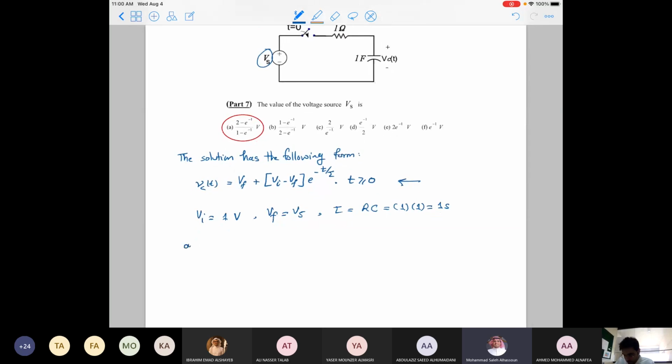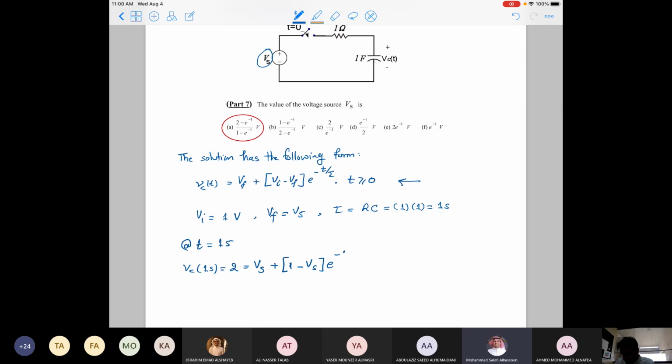So at t equals 1 second, we substitute Vc of 1 second, which is given as 2. This should be equal to V final, which is Vs, plus V initial, which is 1, minus V final, Vs, times e to the power t divided by tau.